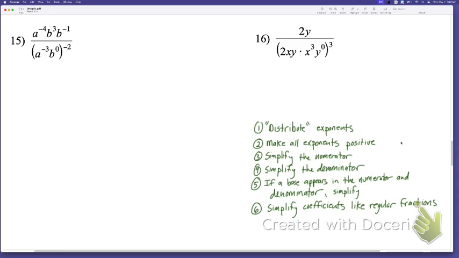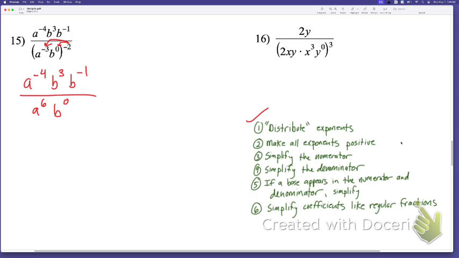Okay, 15, distribute exponents. So we can do that in the denominator. The numerator will stay the same. The denominator will have a to the sixth, negative 3 times negative 2, and then b to the, 0 times negative 2 is just going to be 0.